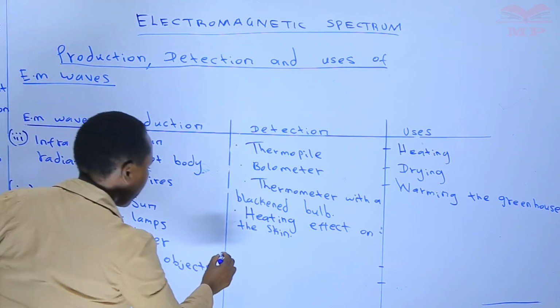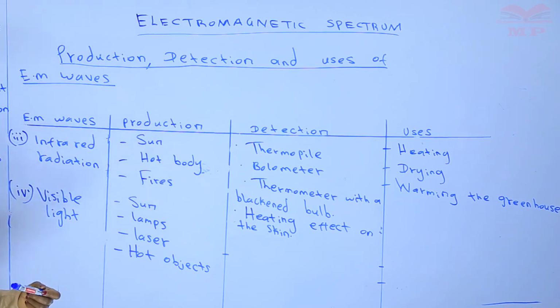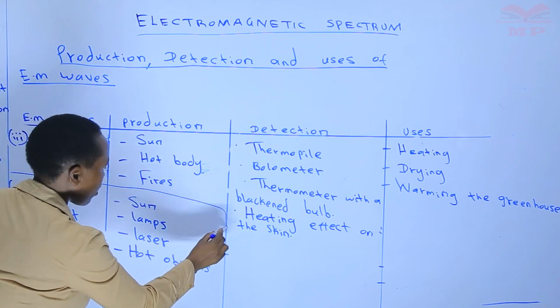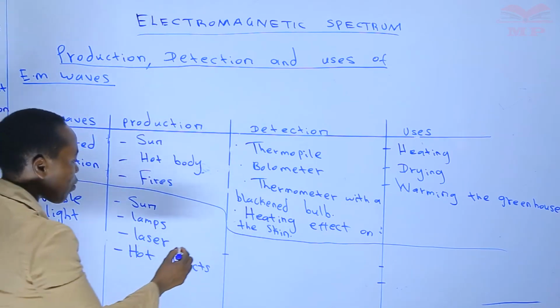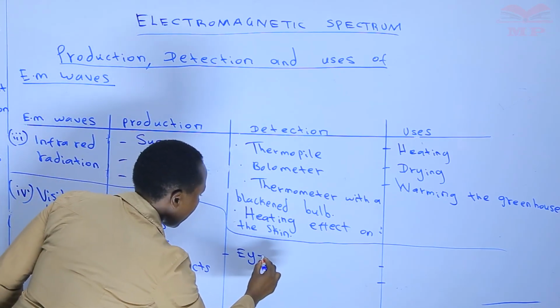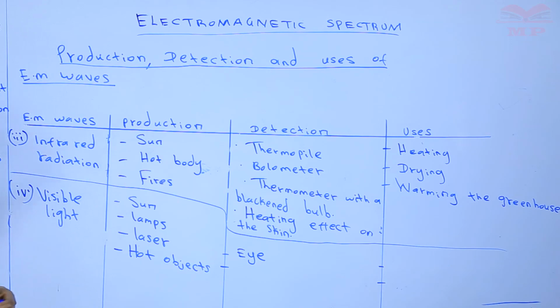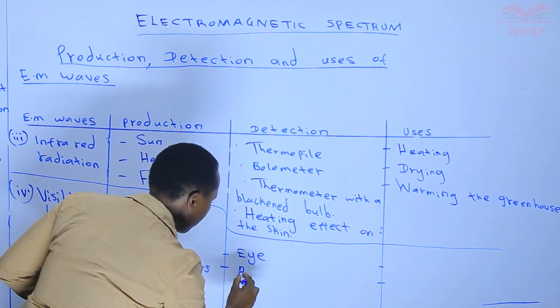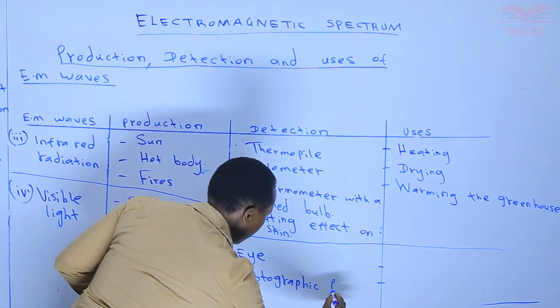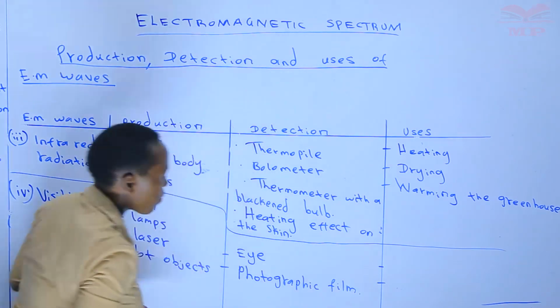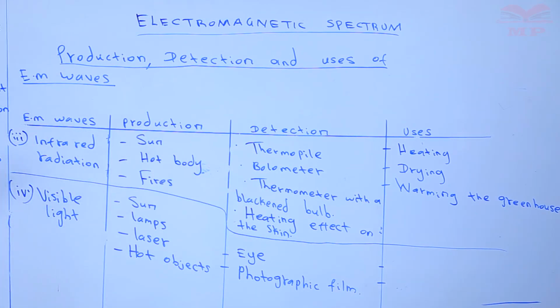And how can it be detected? You can detect it through the eye, which is a major detector. We also have what we call the photographic film, that is especially used in photography.